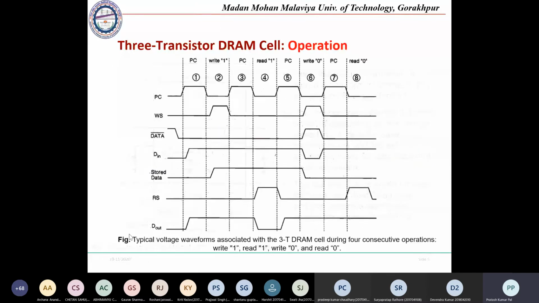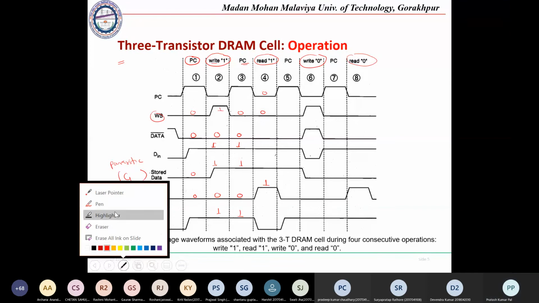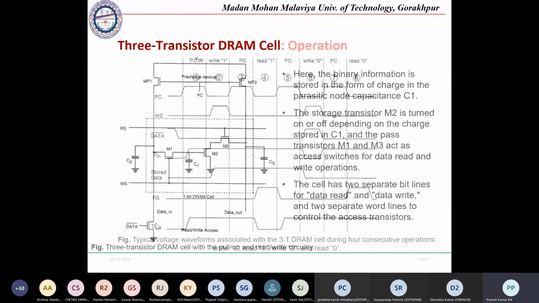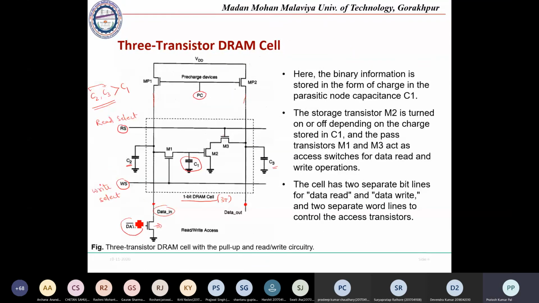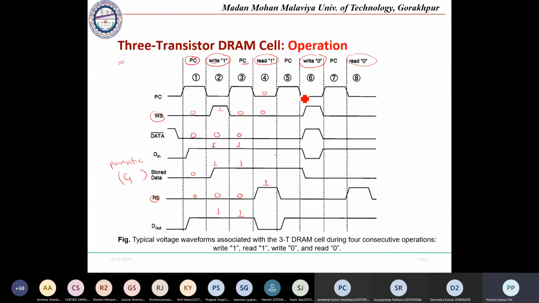This data bar will be used to make the data in line equal to 0 while writing the data. So in the waveform we can see, while we are writing the 0, write select will be activated, and at that time data bar will be equal to 1.